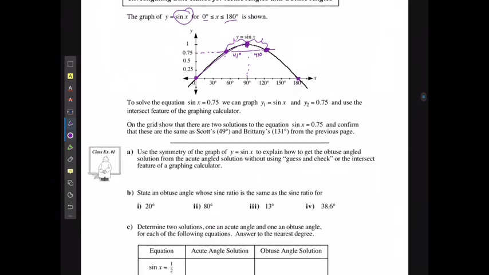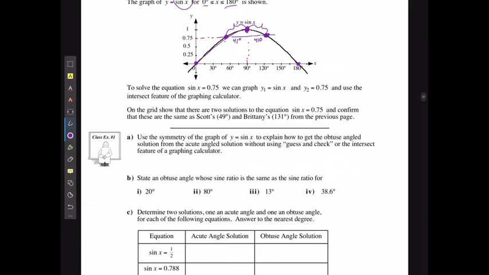So if I'm using the symmetry of the graph without using the guess and check feature, I can say that if I want to figure out what Brittany's was, I would take Scott's and subtract it from 90, or 90 minus the acute, to figure out what the distance is between them, and I'm going to add that to 90 degrees.